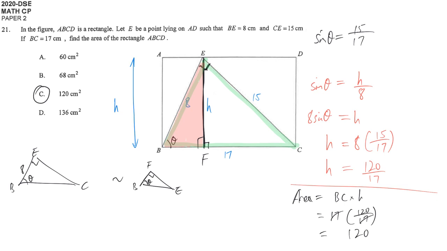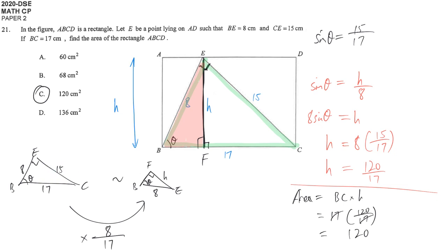So this is 8 to 15 to 17, while FE is h, BE is 8. So we know how 17 becomes 8. The transition is we divide by 17 first and then multiply by 8. So if we multiply by this factor, we can change 17 to 8.